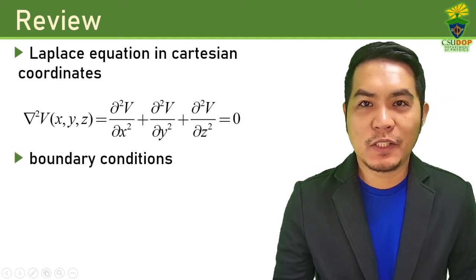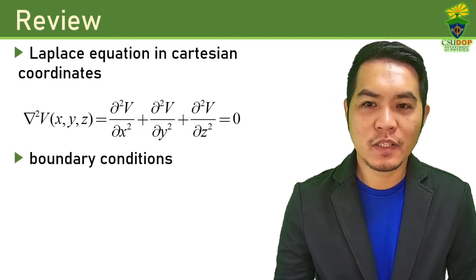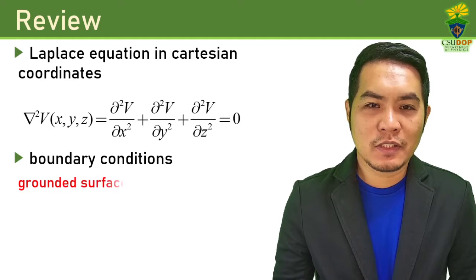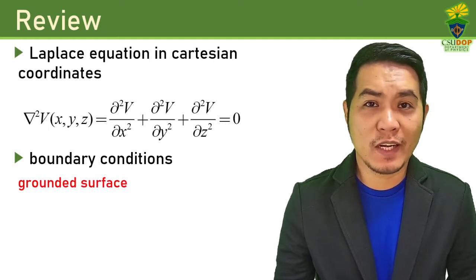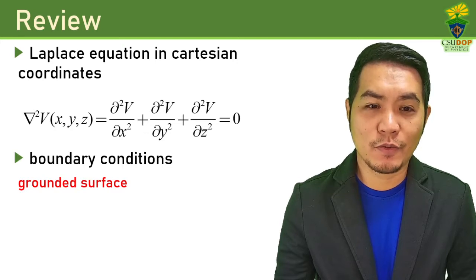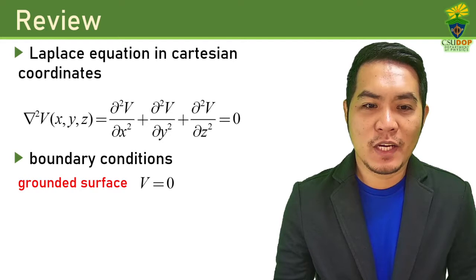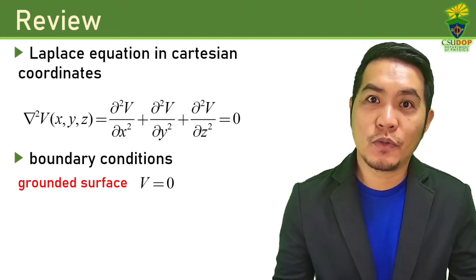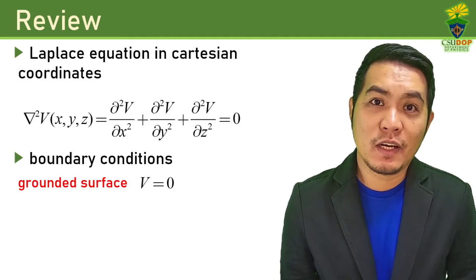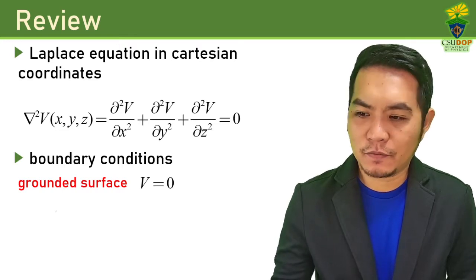We also need to recall the boundary conditions. These are just some of the generic boundary conditions. If you have a grounded conducting surface, a grounded metal surface, then that means the potential there is 0. Boundary conditions are just specifications of the potential at the boundary.